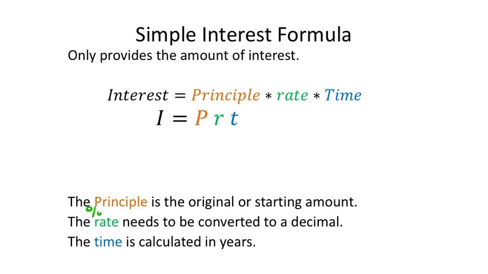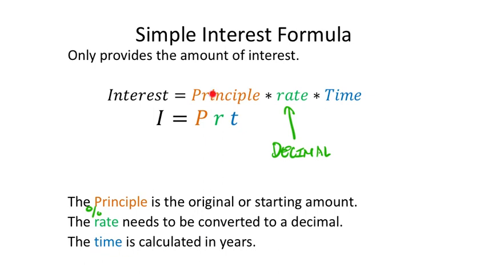Now this percent that they give us, this needs to be the decimal value of the percent. So whatever your percent is, you can always divide by 100, or you could just use the percent button on the calculator, and then it will just change it to a decimal for you. Time is calculated in years.